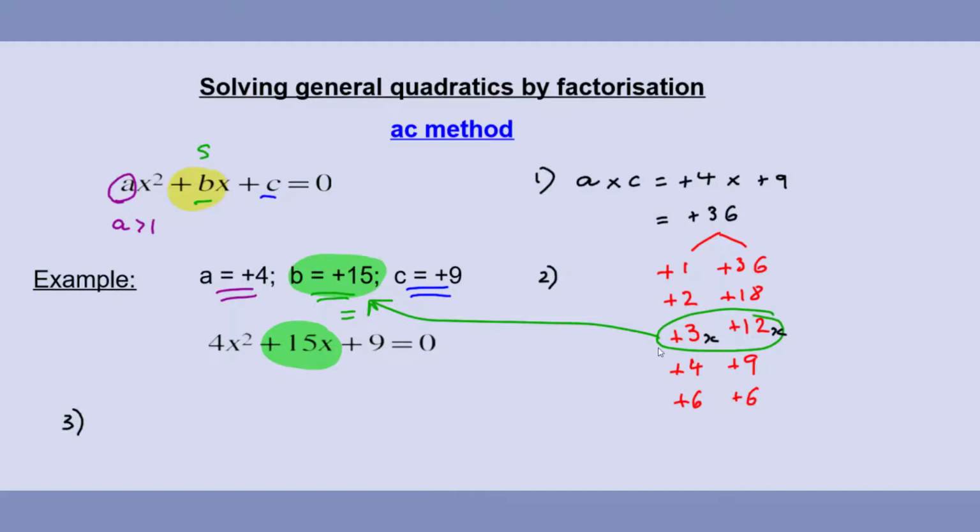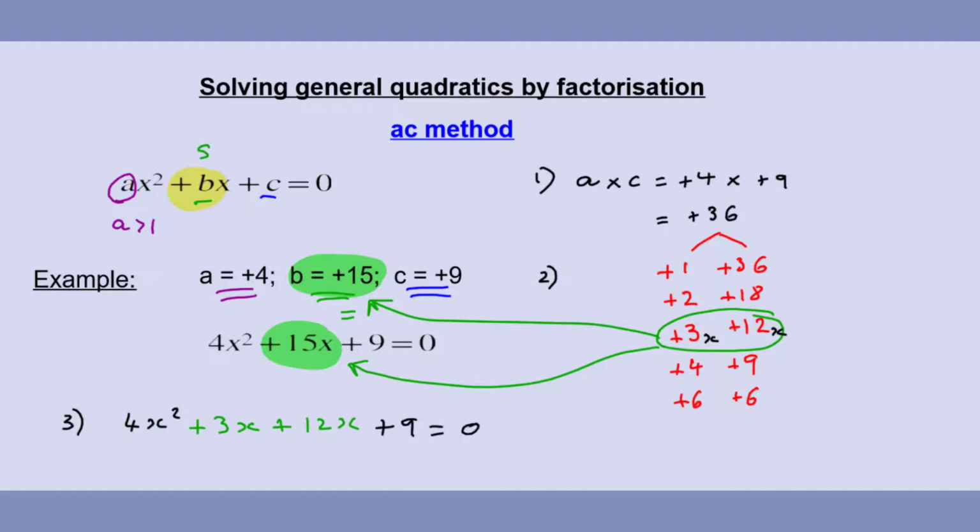Now the quadratic equation can be rewritten using the matching factors, 15x as 3x plus 12x, an important step here. So step 3, we're going to rewrite the quadratic incorporating 3x and 12x. So we have 4x squared plus 3x plus 12x plus the last term 9 equals 0.